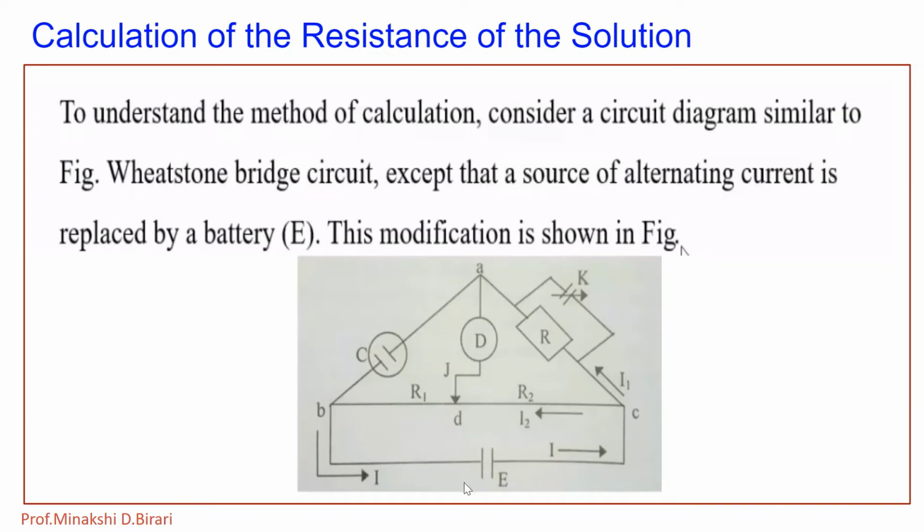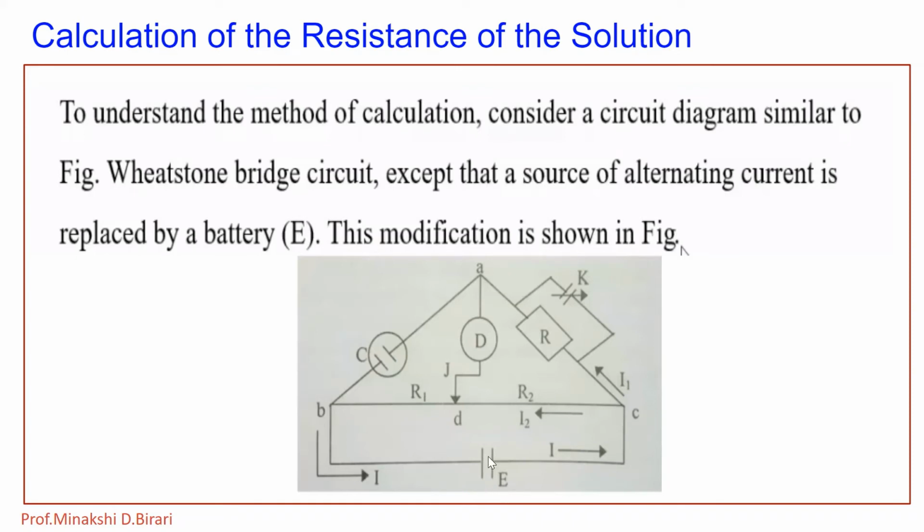So here when we observe the Wheatstone bridge circuit, there may be the presence of source S, but in this figure there is one modification, that the source of alternating current is replaced by battery E.